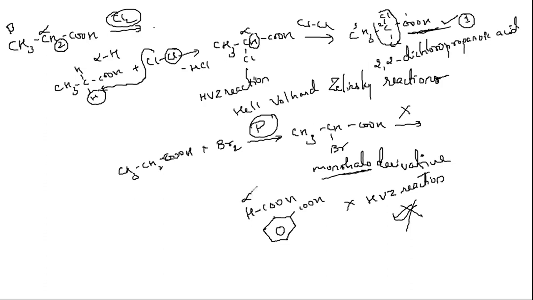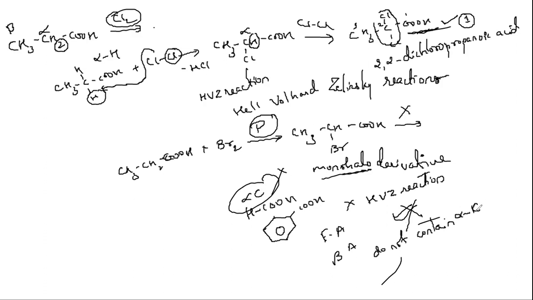Is there any alpha carbon atom? No. Formic acid and benzoic acid do not contain alpha carbon atoms. When there is no alpha carbon atom, there will be no alpha hydrogen. When there is no alpha hydrogen, the substitution cannot occur, right?